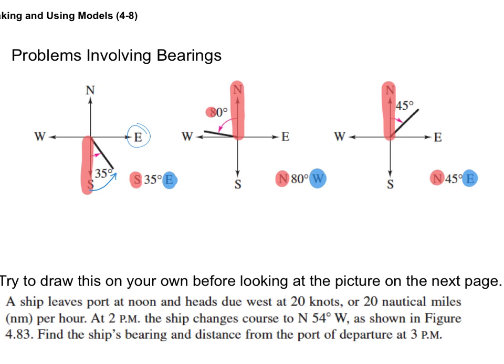On the middle one here, we're starting at north. West is over this direction, so we're going to rotate 80 degrees towards west. And likewise, the last one, we start at due north and we're rotating towards east 45 degrees.